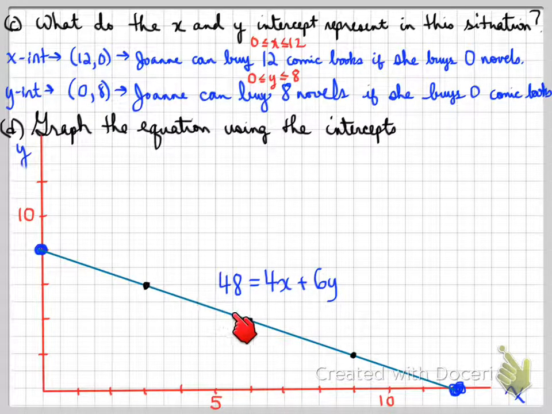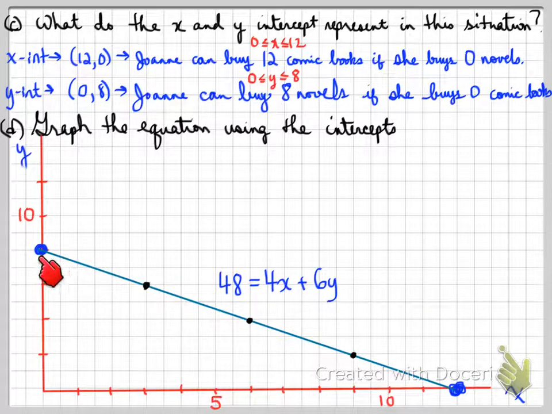Over here, this means that she's buying 4 novels and 6 comic books. Over here would be 2 novels and 8 comic books. And finally, this last one is 12 comic books and 0 novels. So this is all Joanne can buy within this range.